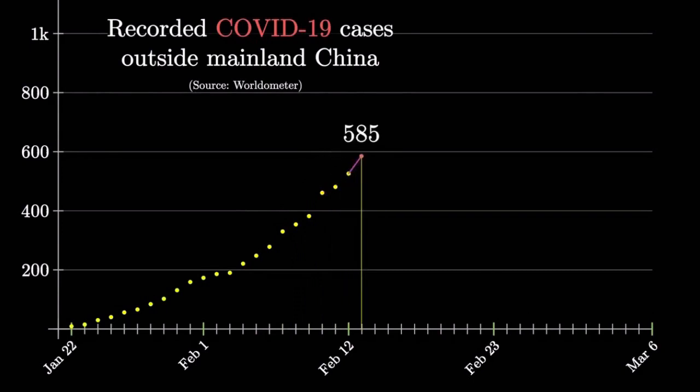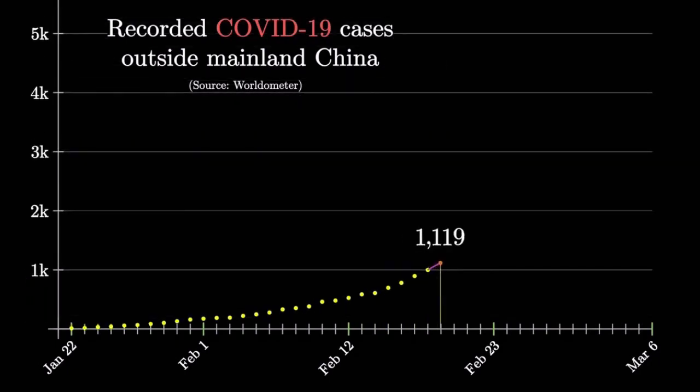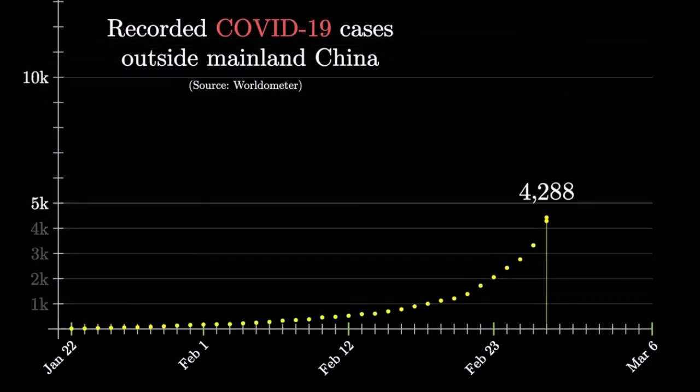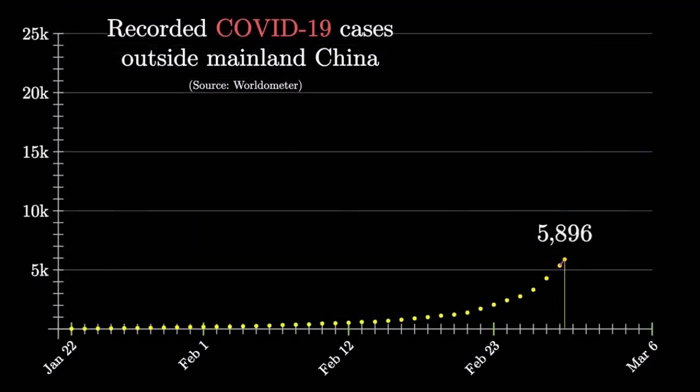Watch what happens to your perception of how bad the problem is. Whoa. And then they change the scale. Huh? Oh, it's not so bad. Whoa, it's really bad again. Huh? It's not so bad. Oh man, it's going up again. It's really bad. No, it's the scale.